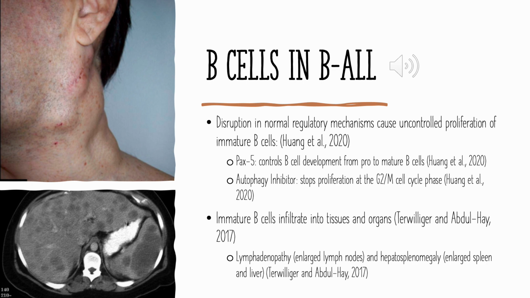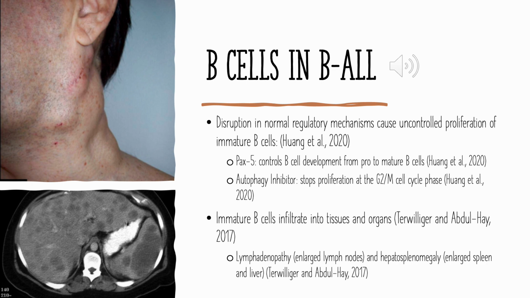This abnormal proliferation is driven by various factors, including dysregulation of key genes such as PAX5, which normally controls B cell development from pro-mature B cells. Additionally, the inhibition of autophagy, a cellular process that maintains homeostasis and prevents abnormal cell growth, further contributes to uncontrolled proliferation by halting cell cycle progression at the G2/M phase.